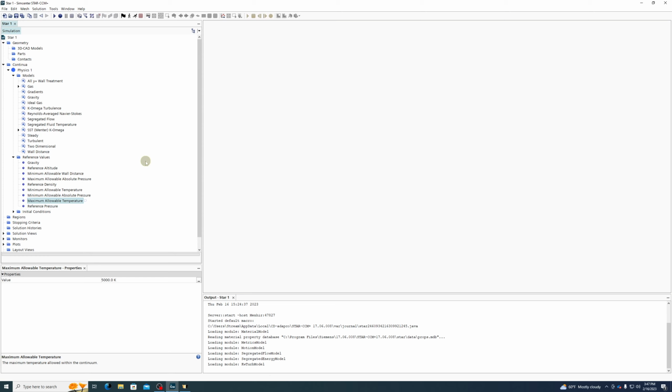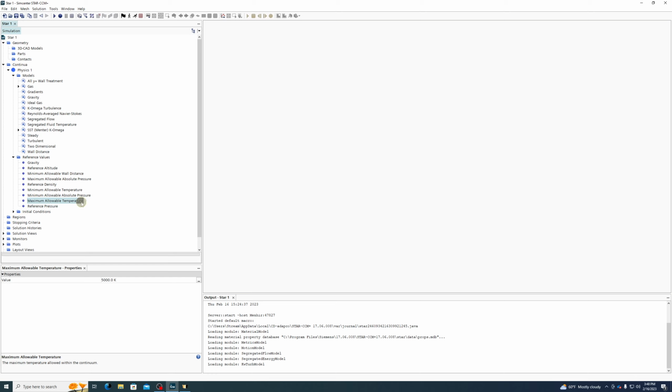So it says, hey, if I get a temperature greater than this maximum allowable temperature, like it does its math and it says, hey, the temperature here is 6,000 Kelvin. It's going to say, no, that's not right. Instead of letting this be 6,000 Kelvin, I'm going to make this 5,000 Kelvin. It will take that temperature and set it to the maximum value.